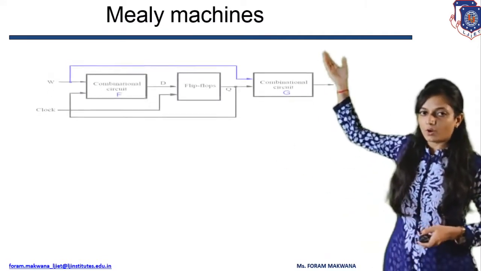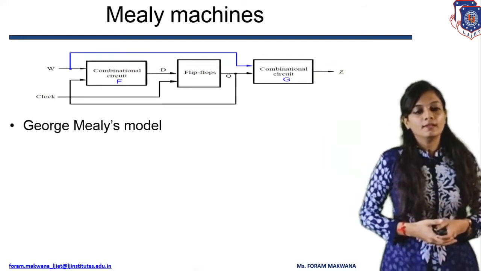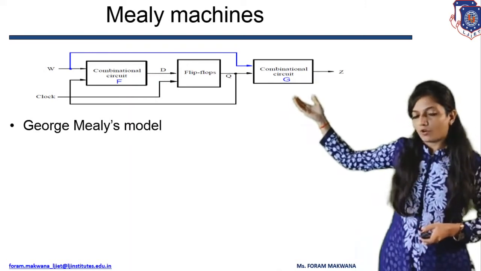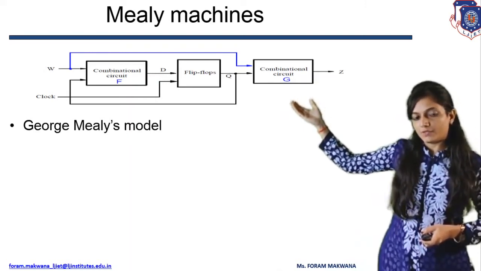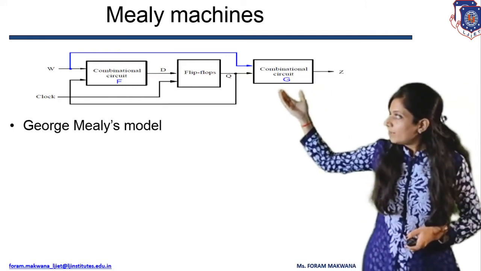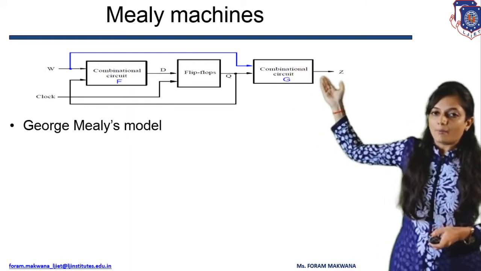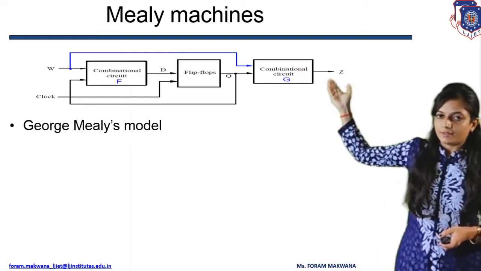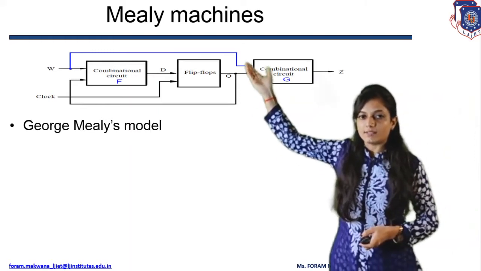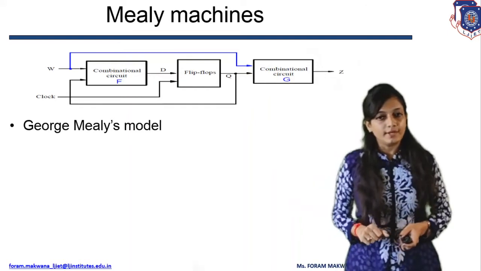Now we are focusing on the Mealy machine. First of all, this is the generalized block diagram of the Mealy machine, in which the only difference between Mealy and Moore is that my final output Z depends on the present state as well as the primary input, that is W, right?